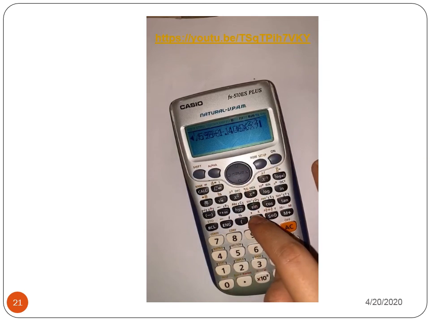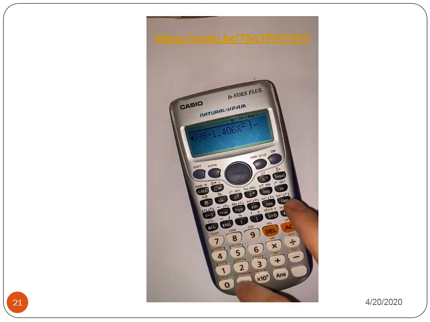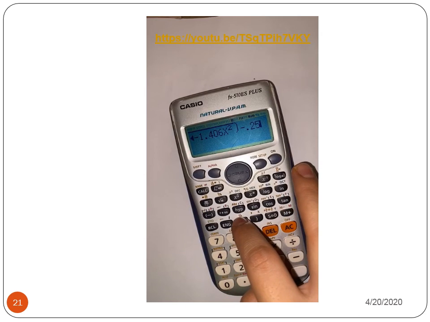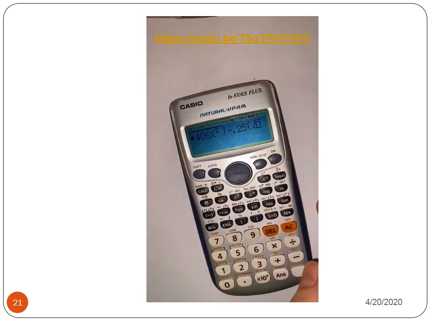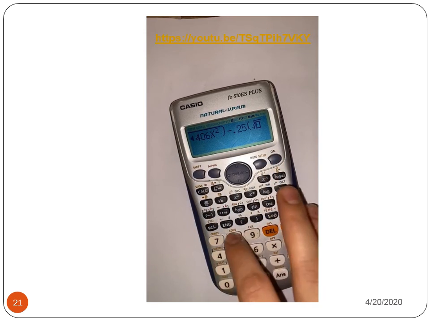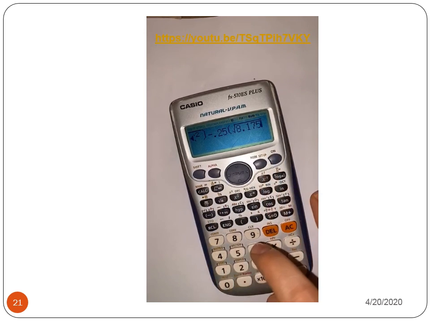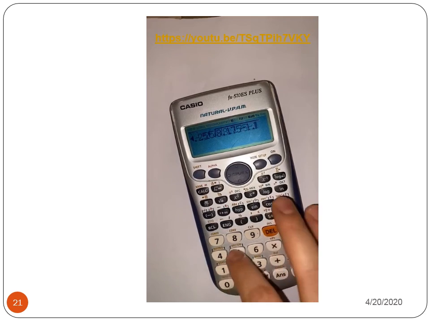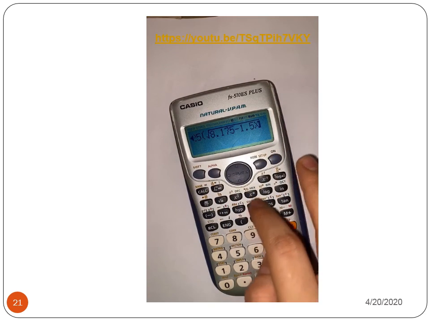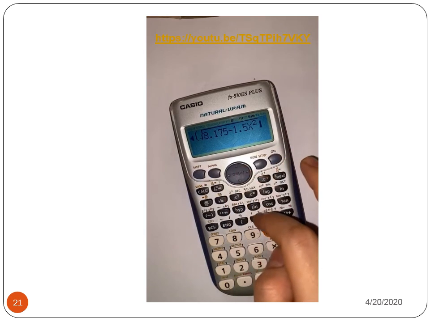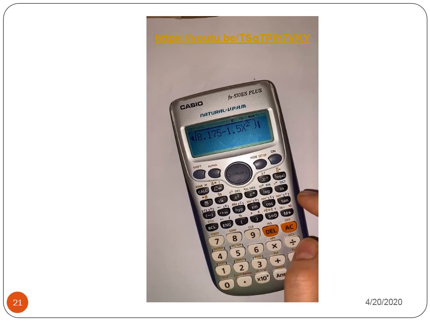Then minus again 0.25, and then third 8.175 minus 1.5 alpha x squared. So this will be the equation.